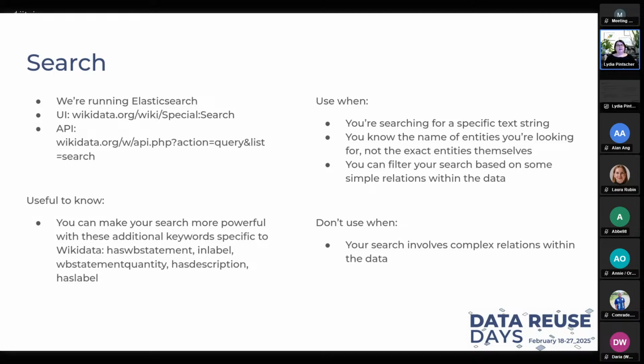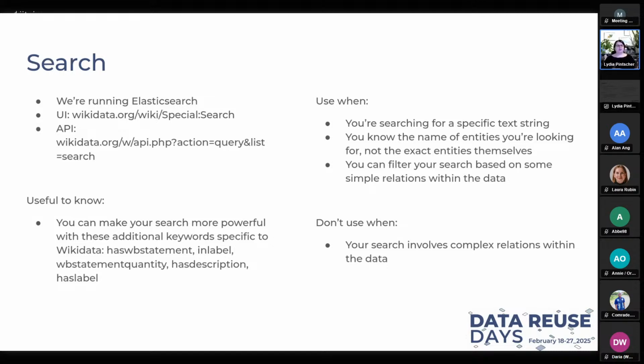There are ways to make this search more powerful. So you can use some relations in the data as well to limit your search. For example, you can use magic words like haswbstatement to limit your search.